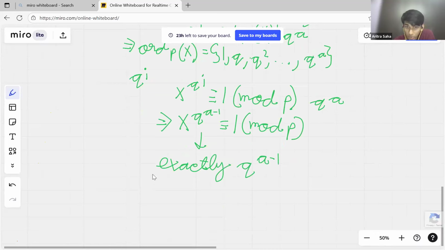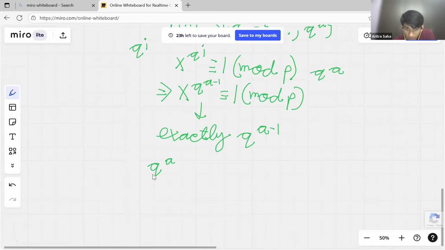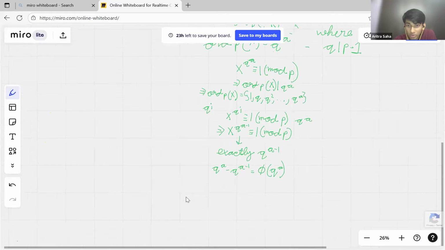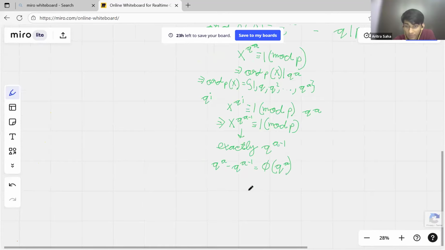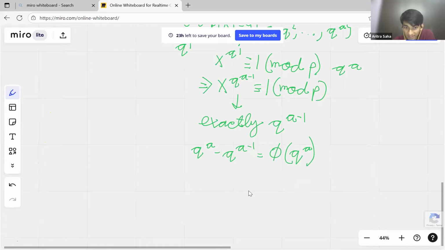how many elements of that order will be there which satisfy this? q to the power a minus q to the power a minus 1, which is just phi of q to the power a. And now we just multiply. The number of things will also multiply because we can take each case and each case will give a valid result.